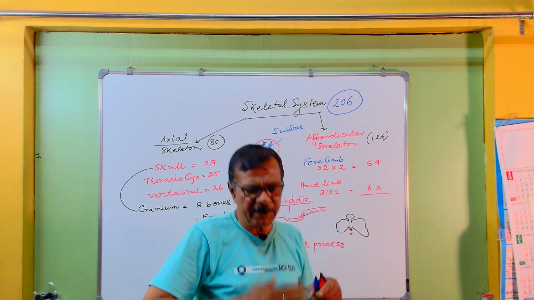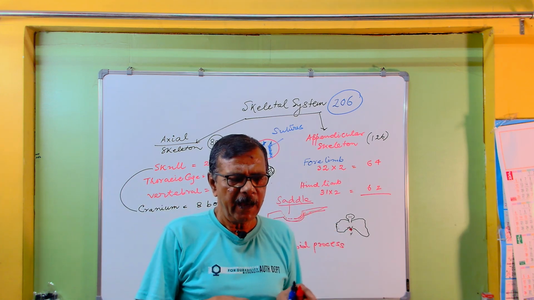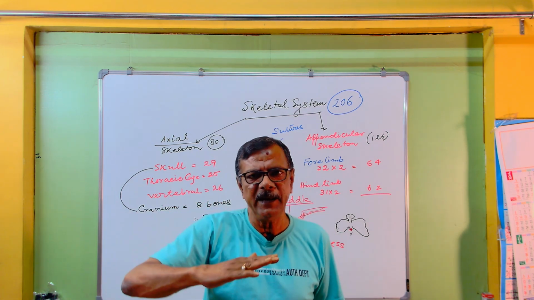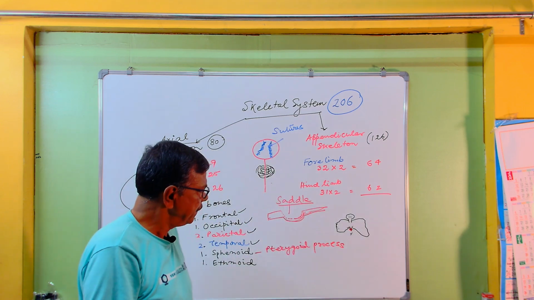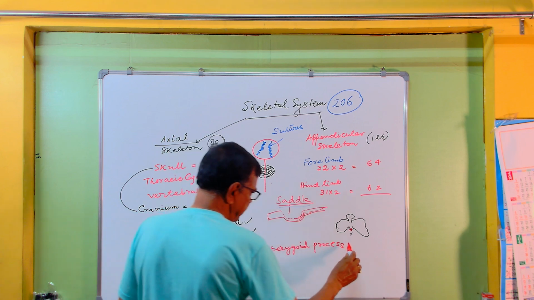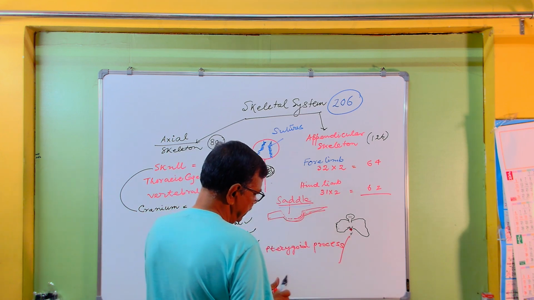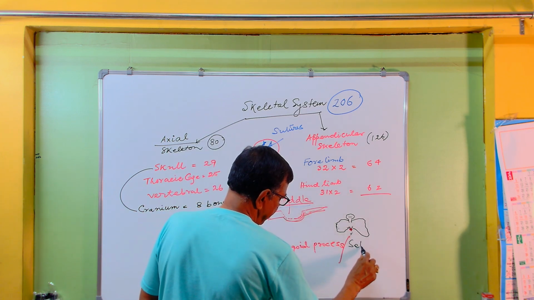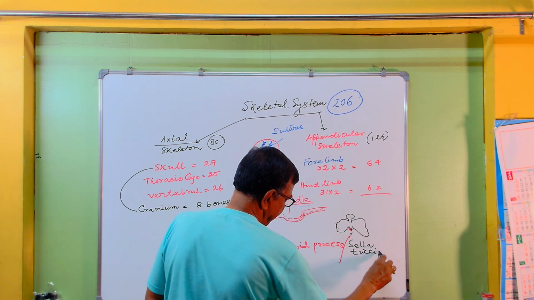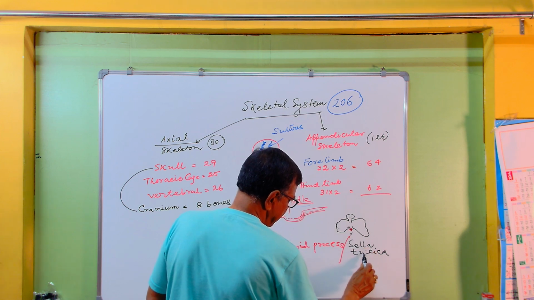That area is some carved area, and the legs are given on both sides. That saddle shaped area is known as sella tarsica.